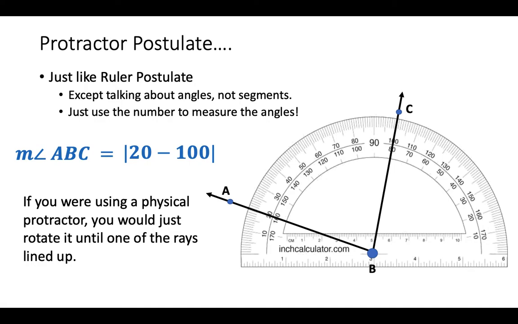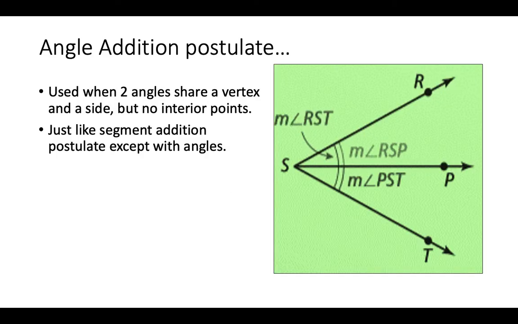So we're going to be doing a lot of work with angles because angles is one of the basic building blocks of geometry. So the angle addition postulate, we talked about this a second ago, but they're going to share a vertex, but no interior points. So RSP plus PST equals RST.